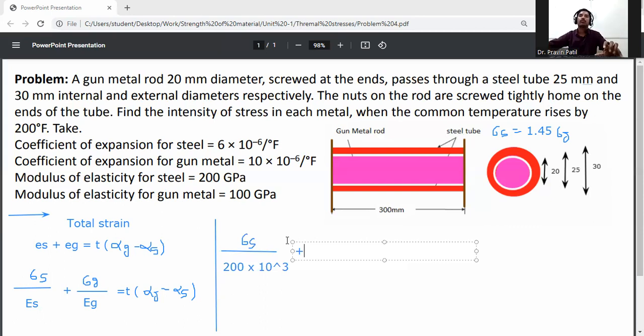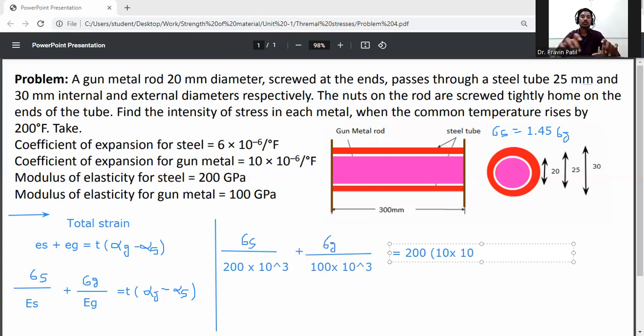Then plus sigma g divided by Eg, 100 into 10 raised to the power 3, is equal to T, it is 200, in bracket alpha g, it is 10 into 10 raised to the power minus 6, minus alpha s, it is 6 into 10 raised to the power minus 6.